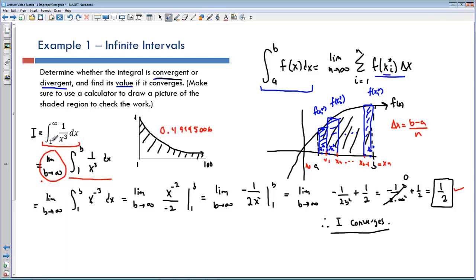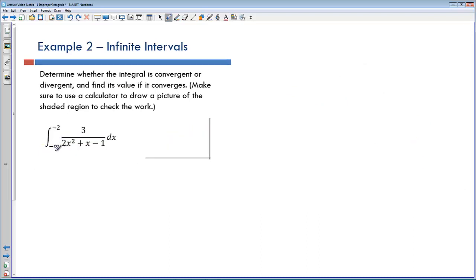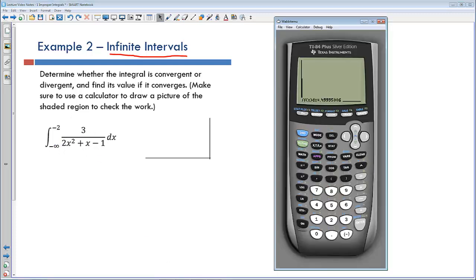Let's do another example where we have infinity as one of our limits of integration. So again, we're looking at the infinite interval type case. This one's negative infinity. Just so you can see what's going on, we can graph this integrand on my calculator.